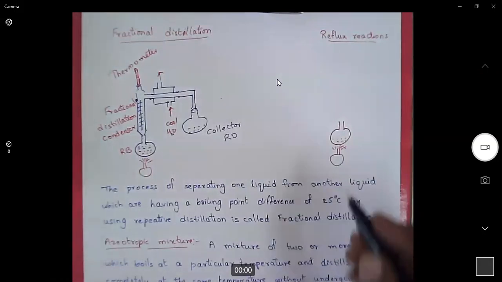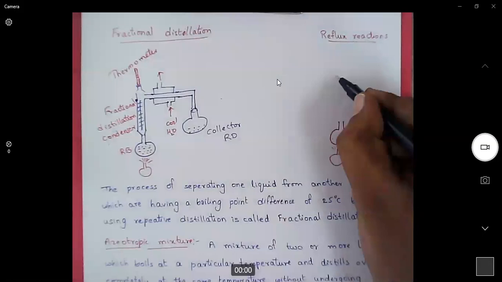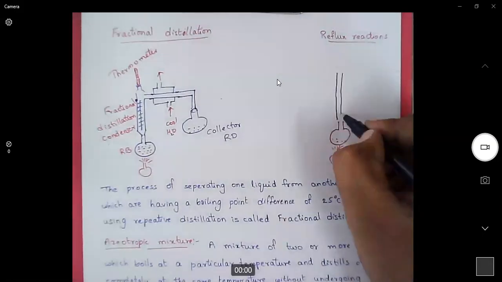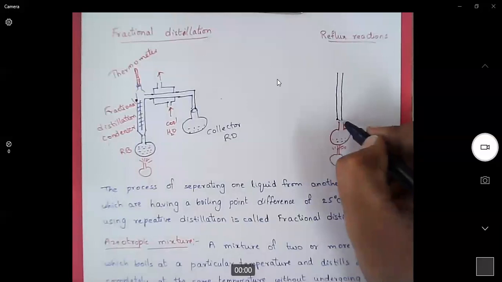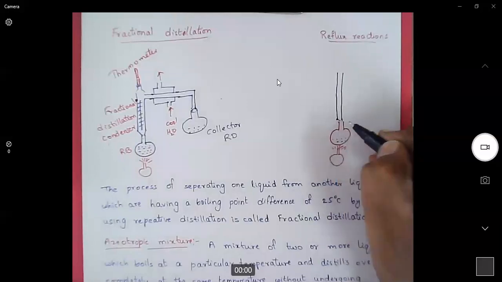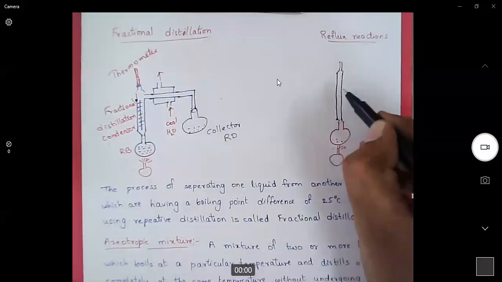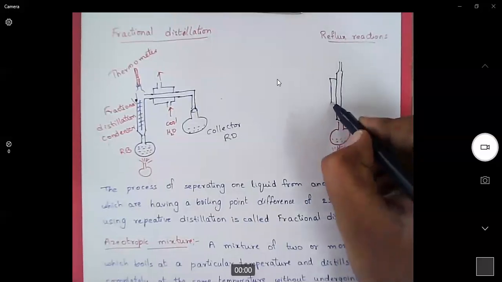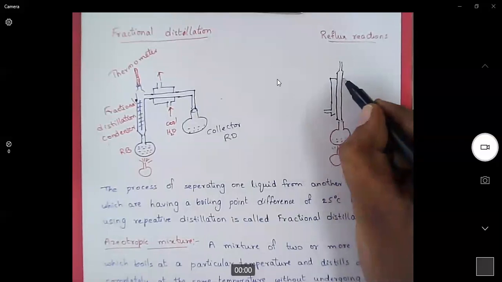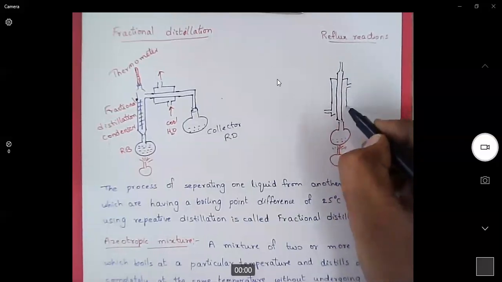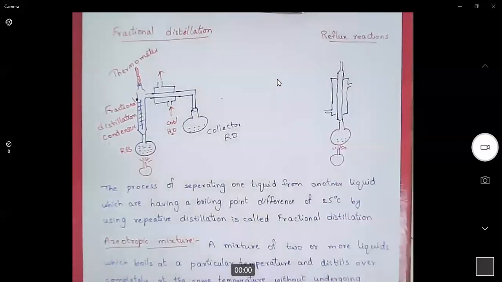So for that, we will add a reflux condenser. This vertical setup is called a reflux condenser.